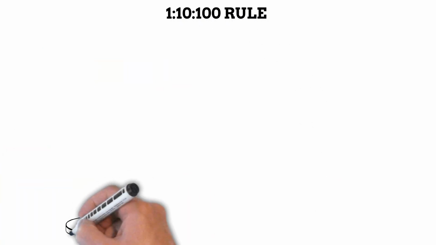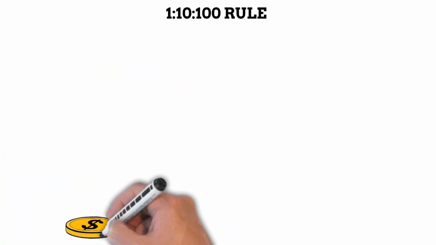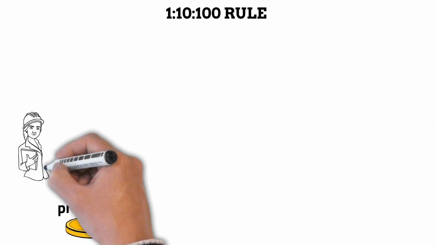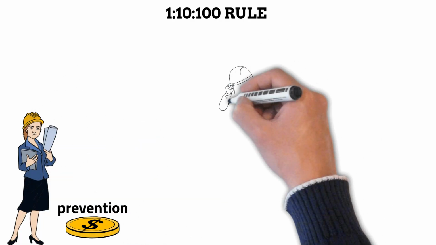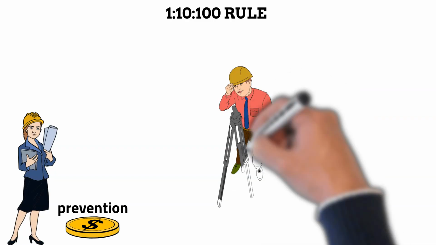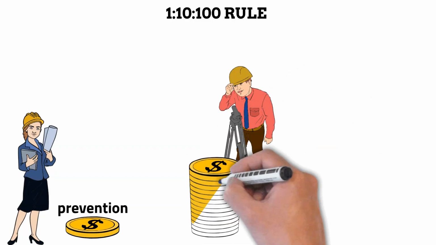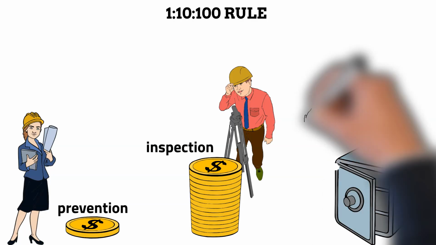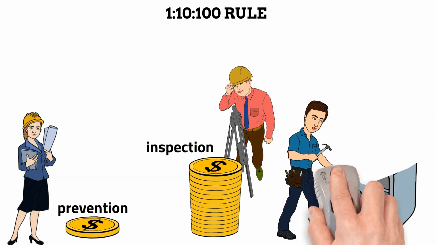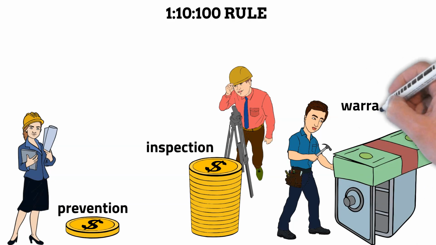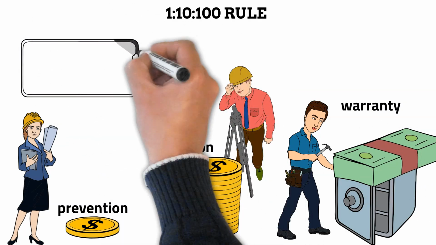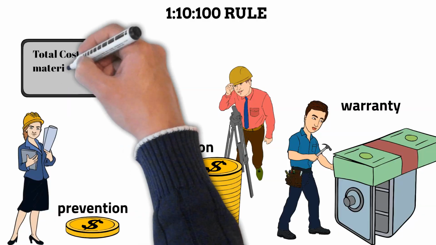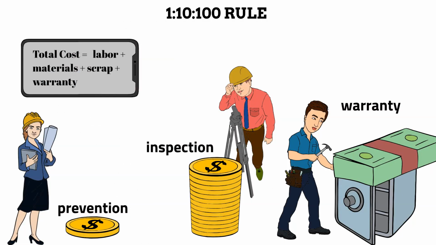There is a 1, 10, and 100 rule, and it says that the prevention cost is less than cost of redesign and the design review, and redesign cost is less than cost of inspection, and the cost of inspection is less than the cost of repairs if a defective product reaches the customer. So the total cost of bad quality is cost of labor plus cost of materials plus scrap plus cost of undiscovered and remaining defects.